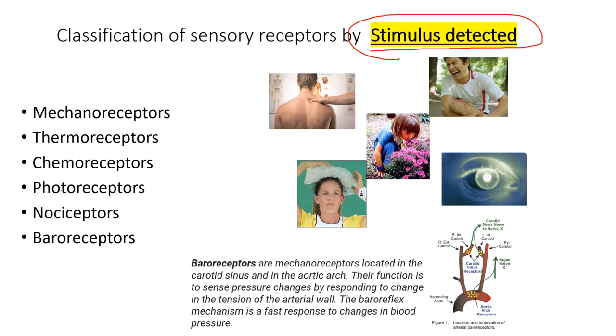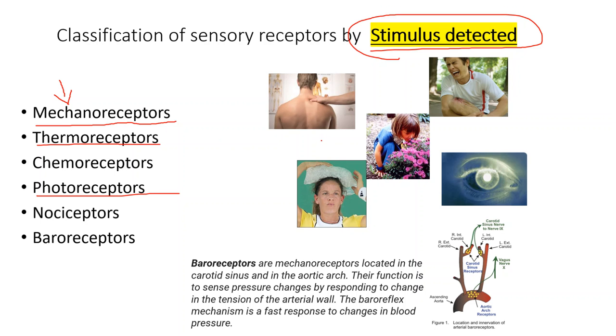Some receptors will be photoreceptors that detect light, and so on. So these are all the classes of sensory receptors by stimulus detected. Mechanoreceptors will sense mechanical stimuli, so a touch, for instance.